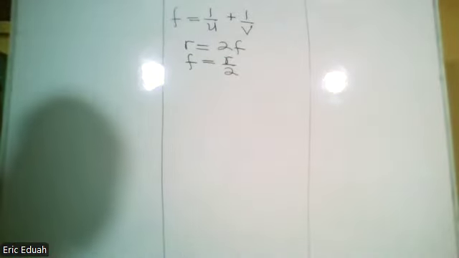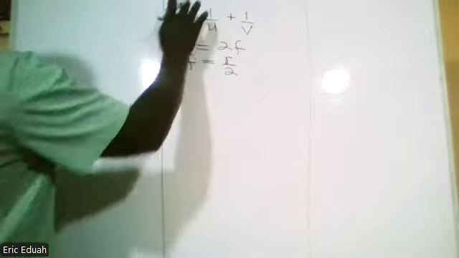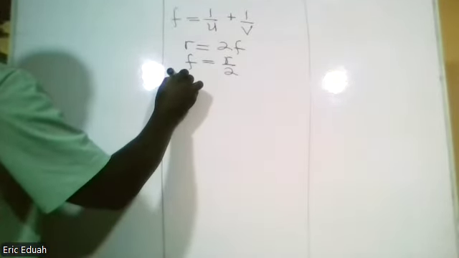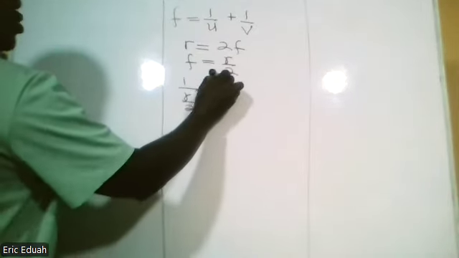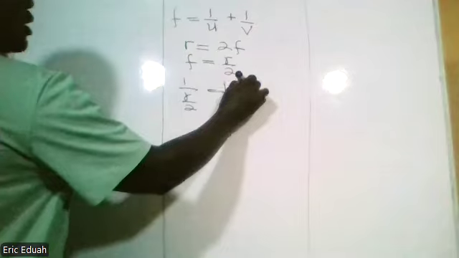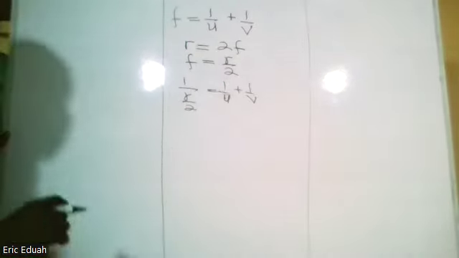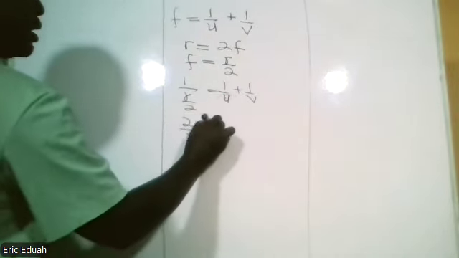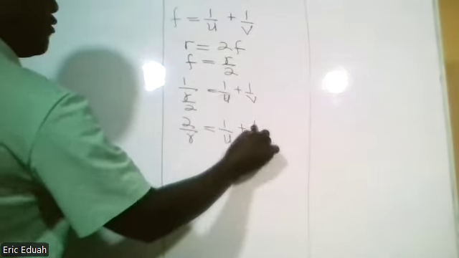If F is equal to R on 2, then we can substitute this into the mirror formula to be 1 on R on 2 equal to 1 on U plus 1 on V. And 1 on R on 2 is 2 on R, which is equal to 1 on U plus 1 on V.